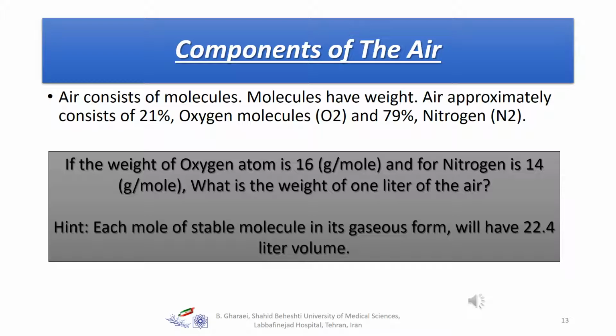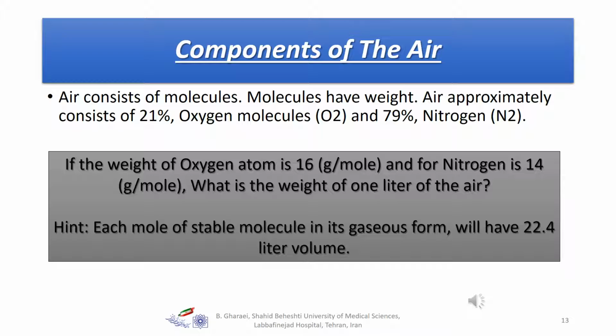Then we come to this question. If the weight of oxygen atom is 16 grams per mole, and for nitrogen atom is 14 grams per mole, what is the weight of 1 liter of the air?